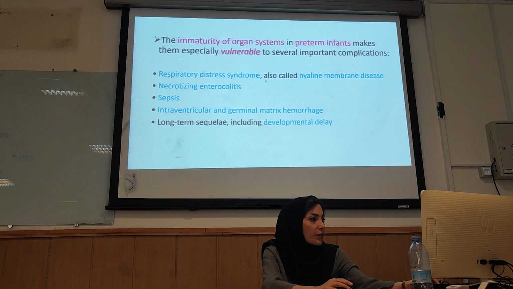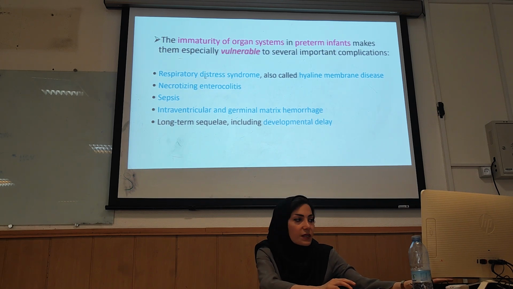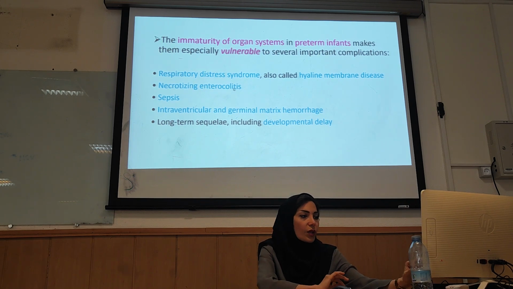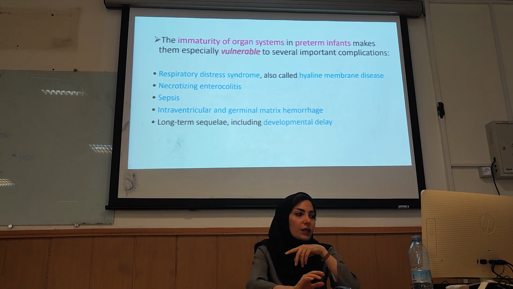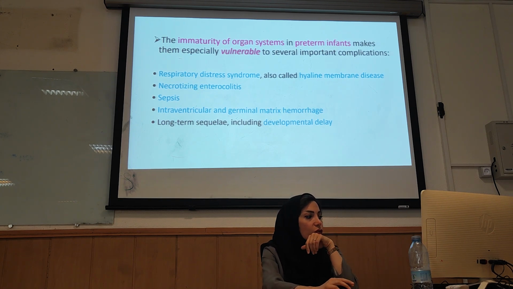Okay, because of prematurity, some diseases may be present, for example, respiratory distress syndrome, necrotizing enterocolitis, sepsis, or intraventricular damage or intraventricular hemorrhage.